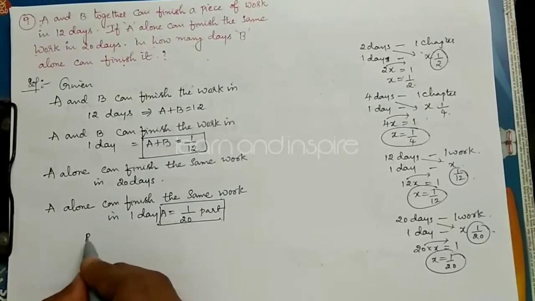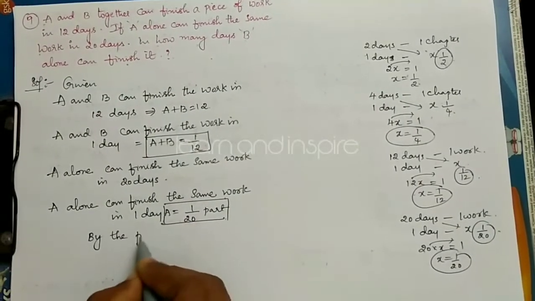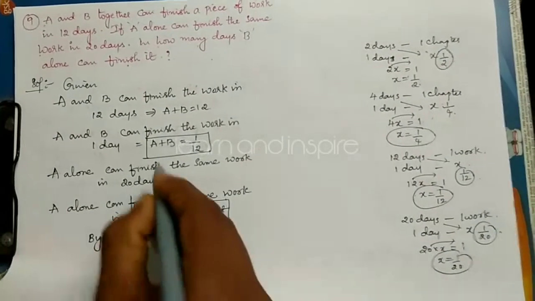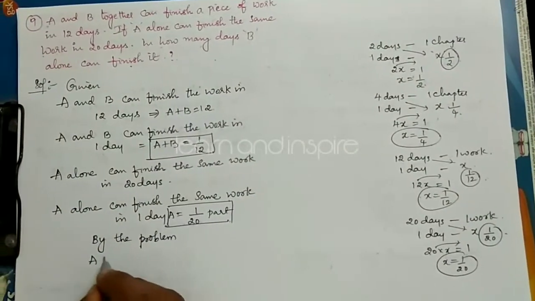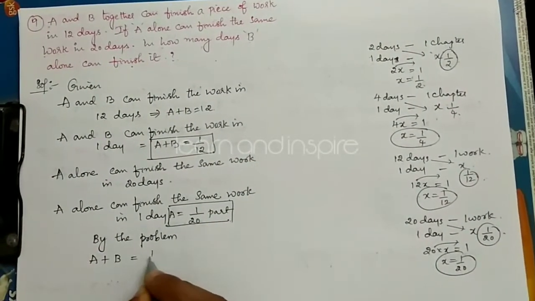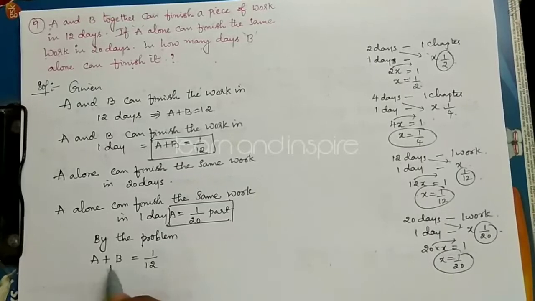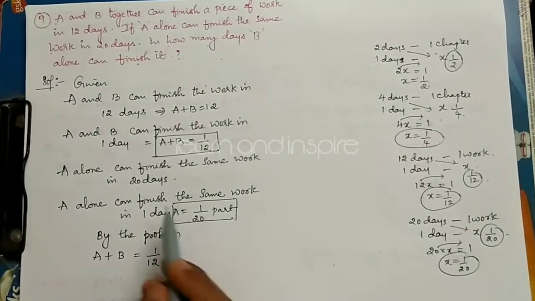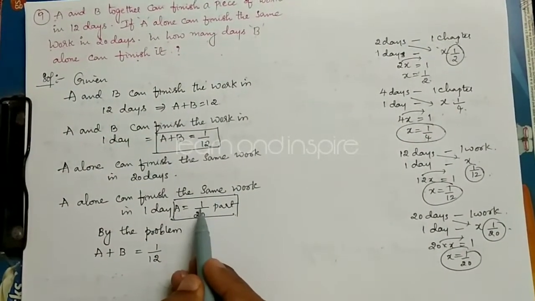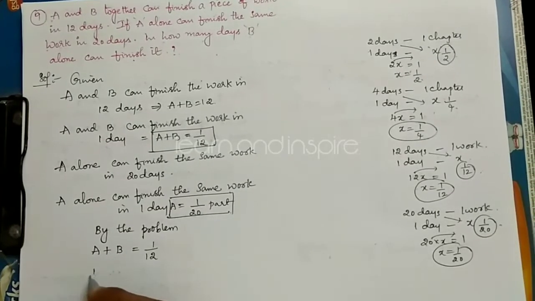Okay, so by the problem, A plus B is equal to 1 by 12. So in one day they together complete a 1 by 12th part. Now A alone completed how much part? 1 by 20th part, 1 by 20.